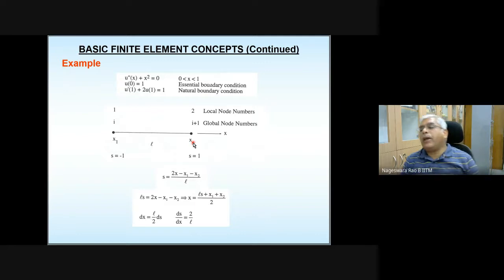Similarly, I want to define a local coordinate system for this element, defined in such a way that the first node corresponds to -1 and the second node corresponds to 1.